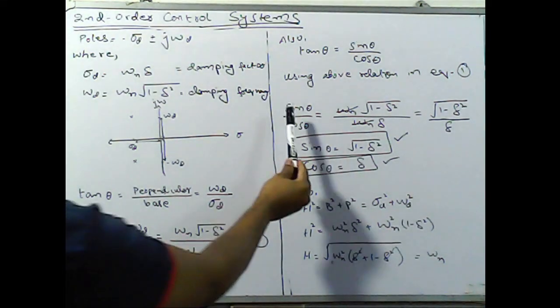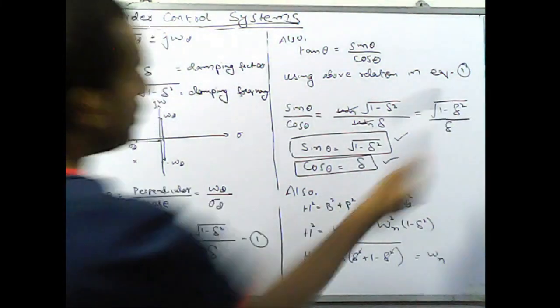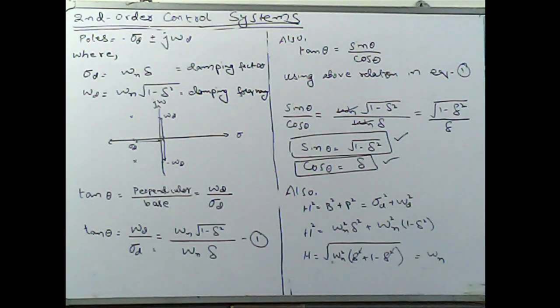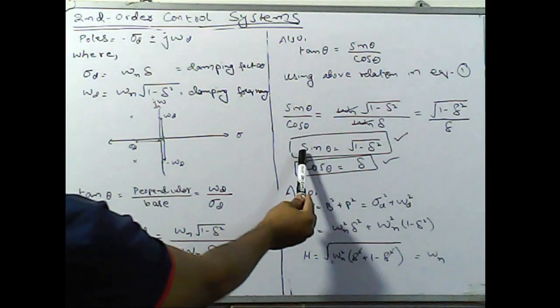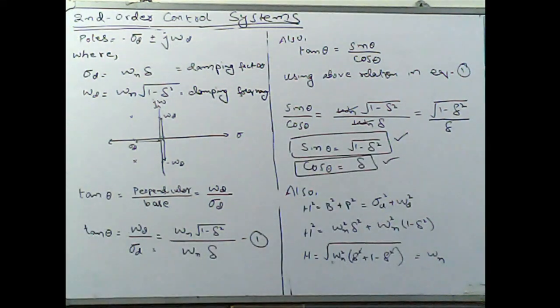If we compare the left hand side with this right hand side, we can write sine theta is equal to under root 1 minus zeta square, whereas cos theta is equal to zeta.